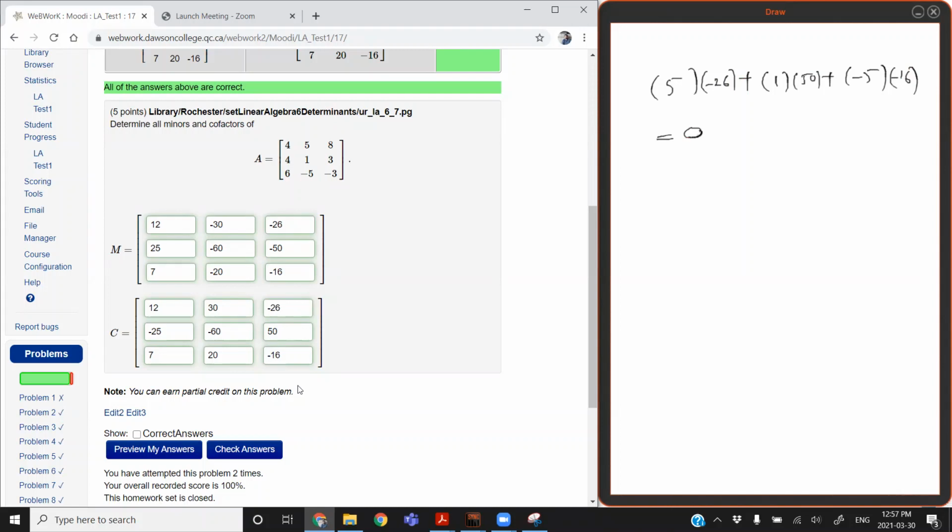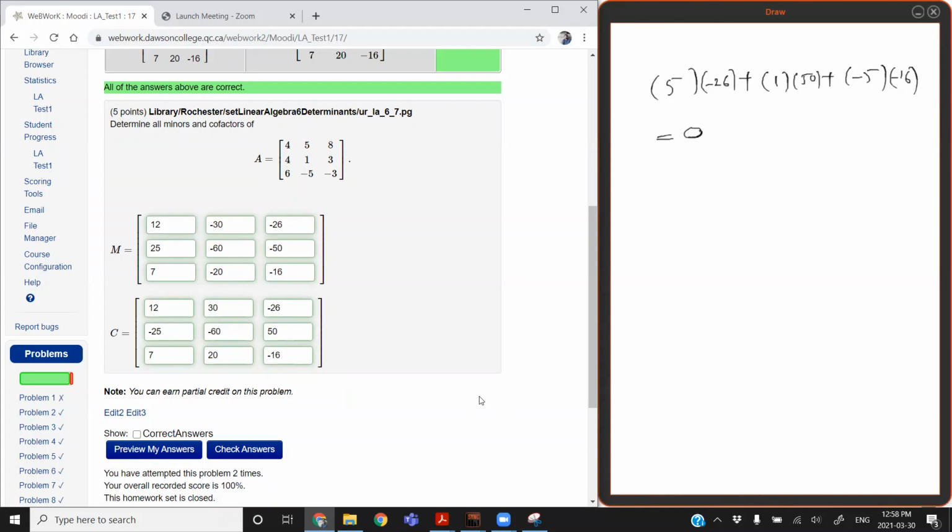So I want everybody to try this. Do you get 0? You got 0? Yep.